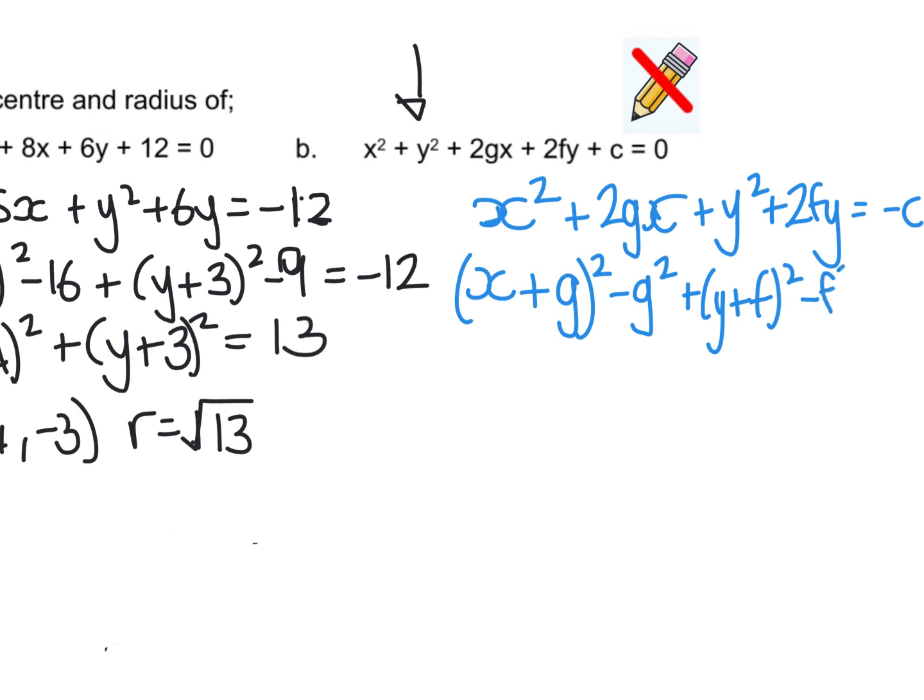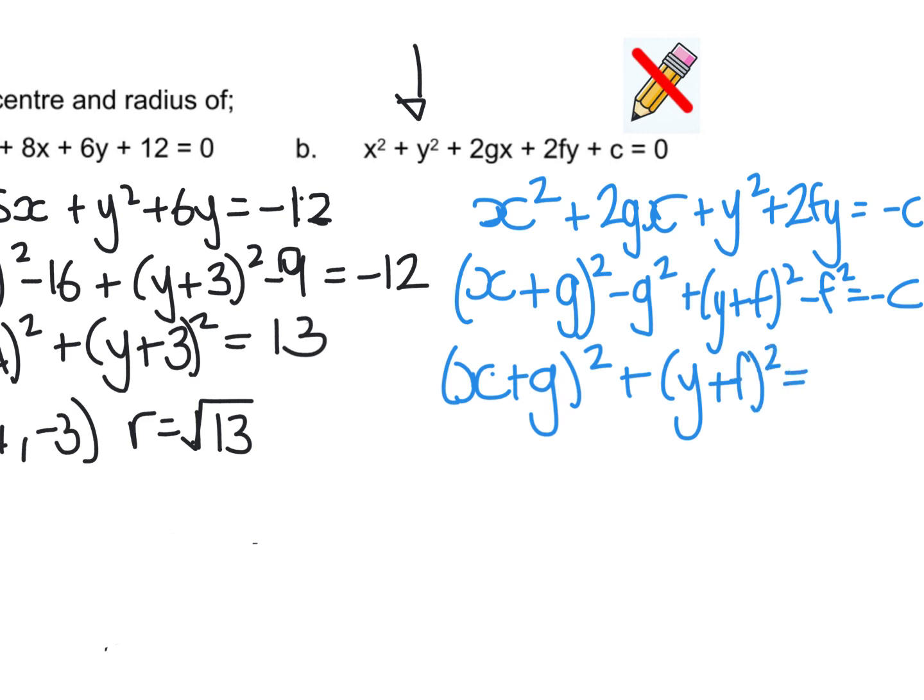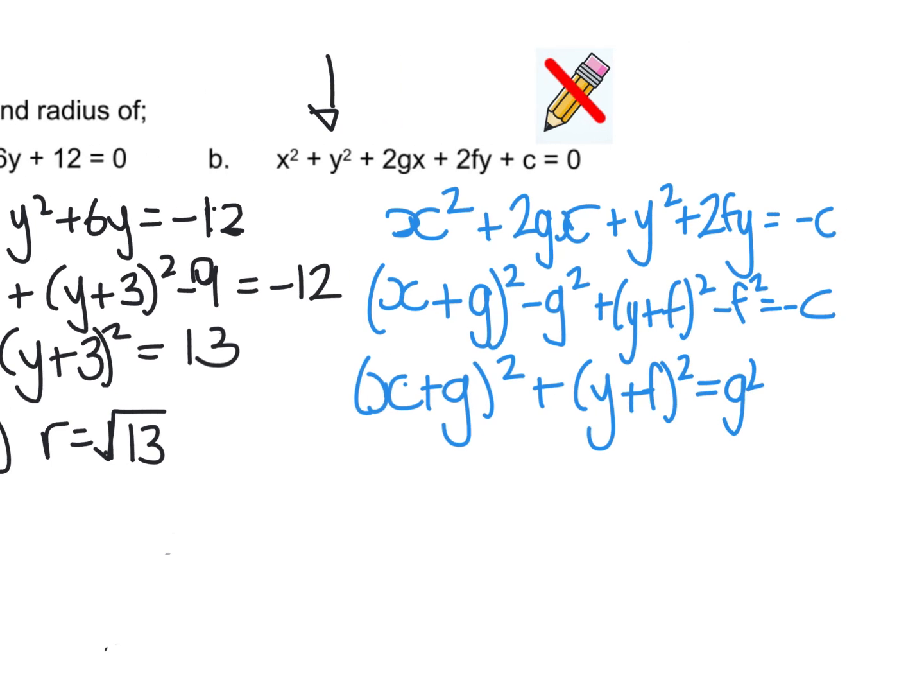I'll take away f squared, and then I'm left with minus c over here. Just to write that out again: x plus g all squared plus y plus f all squared, and then I would take everything over and I would have g squared plus f squared minus c.